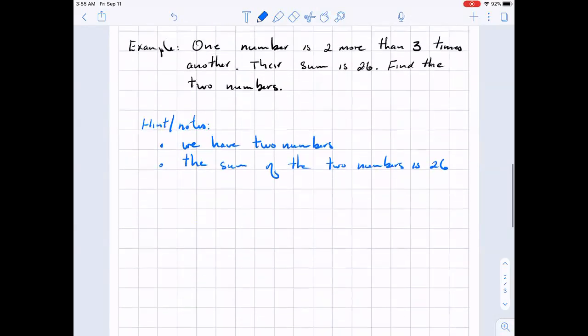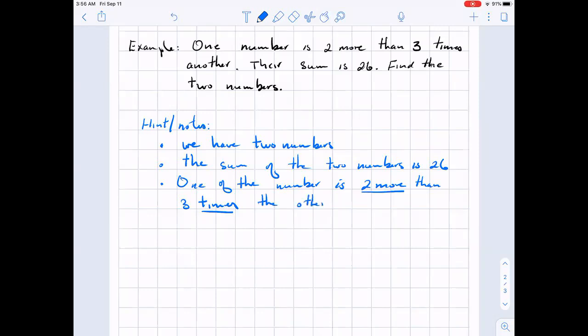We also know that one of the numbers is 2 more than 3 times the other. Okay?